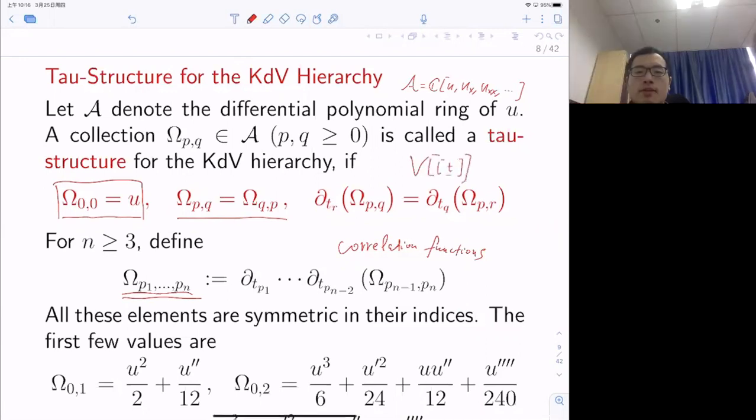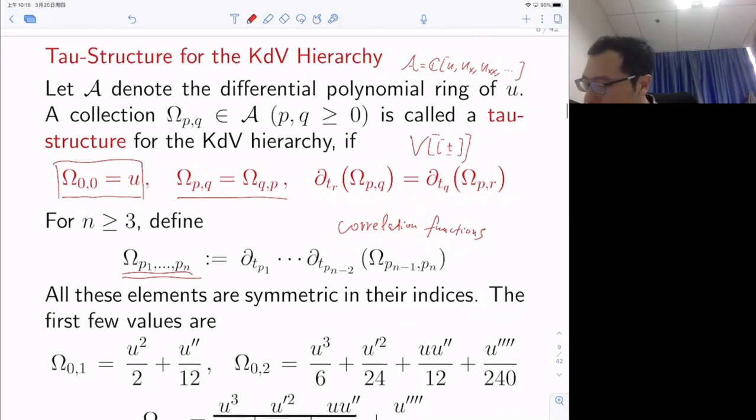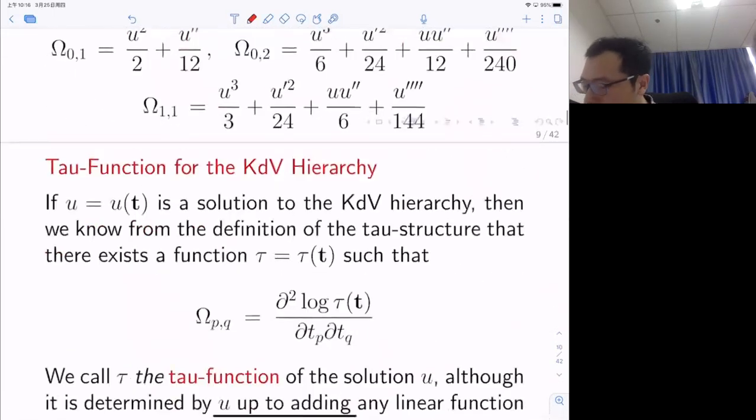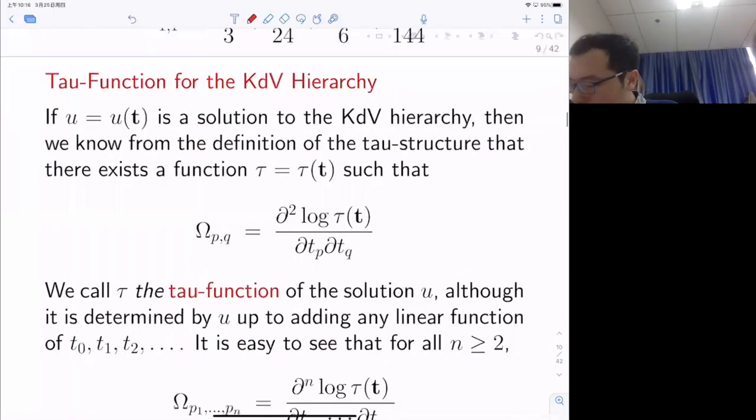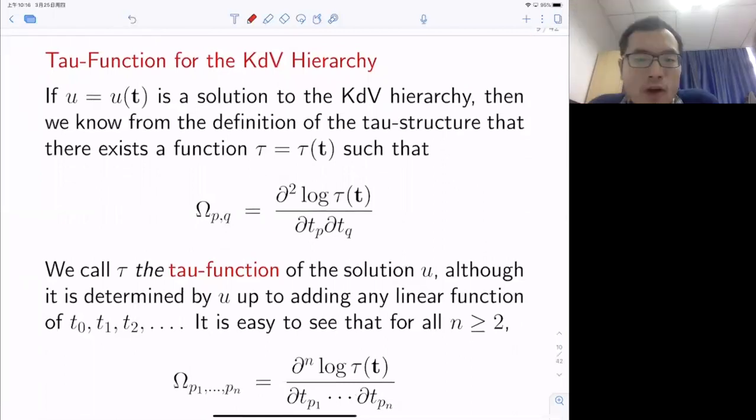And then in this formal power series ring, we know the existence of a function tau such that this omega becomes the second order derivatives of log tau. And this is the definition of the tau function of the solution. Okay, for our arbitrary solution, we get a tau function.